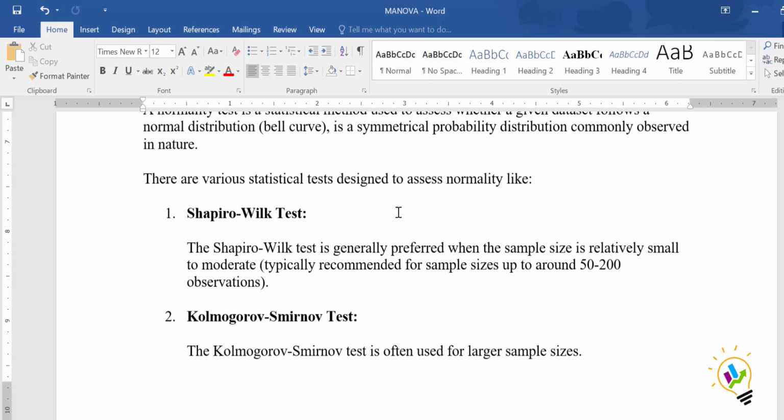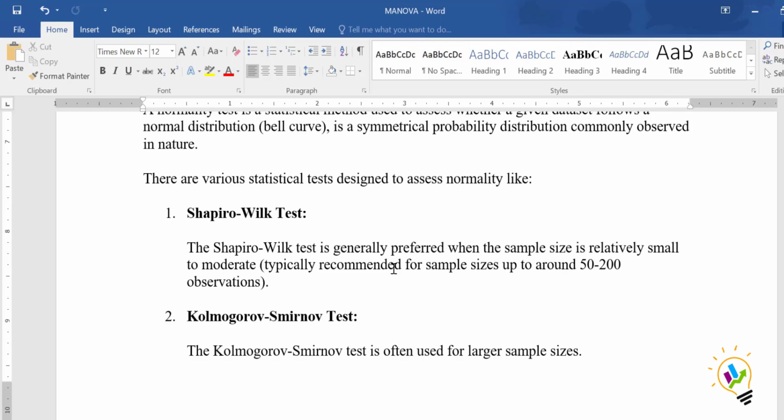So which test to use? Shapiro-Wilk test or Kolmogorov-Smirnov test? Shapiro-Wilk test is generally preferred when the sample size is relatively small to moderate. Typically recommended for sample sizes up to 50 to 200 observations. If the sample size is between 50 and 200, then we are going to use the Shapiro-Wilk test.